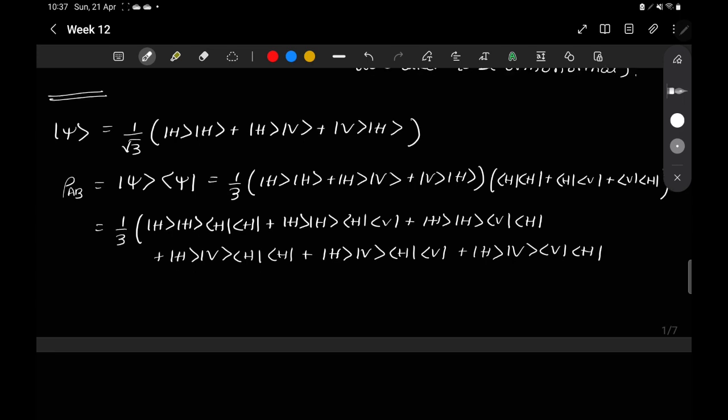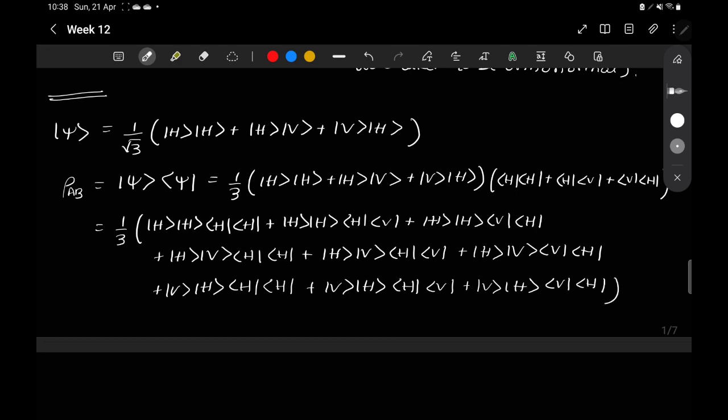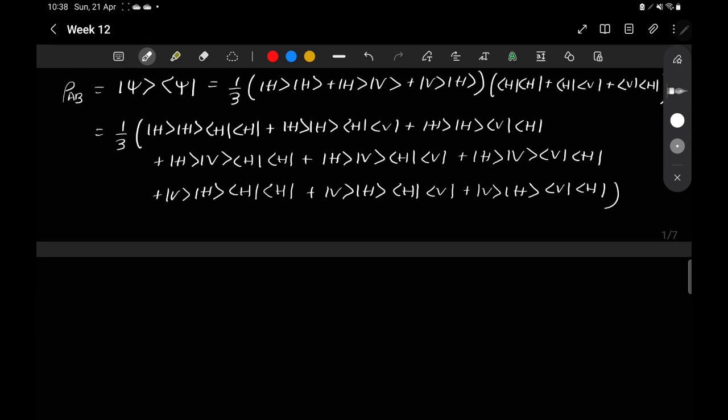We are just opening up the brackets. Now let us write it in matrix form.